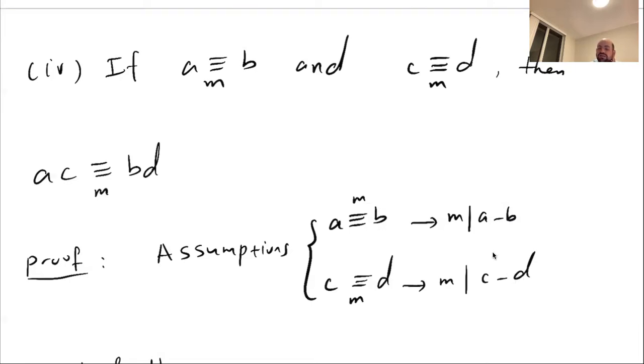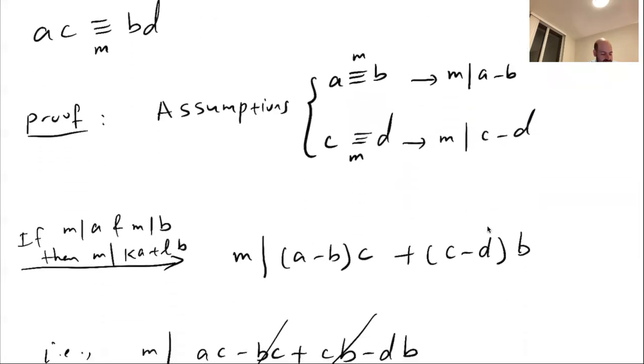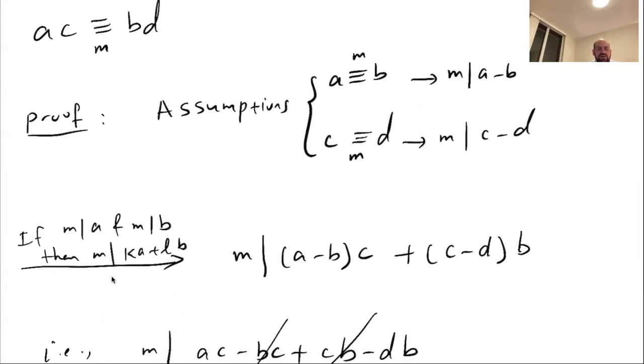And I know that if M divides two numbers, then it will divide any multiple of the first one plus any multiple of the second one. So here I mentioned the property: if M divides two numbers A and B, then M will divide any multiple of the first one plus any multiple of the second one.